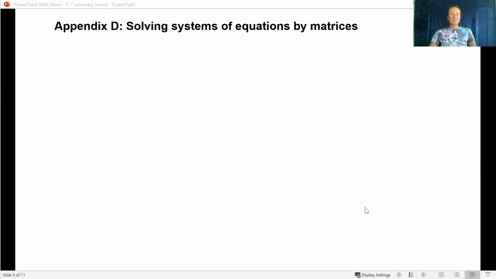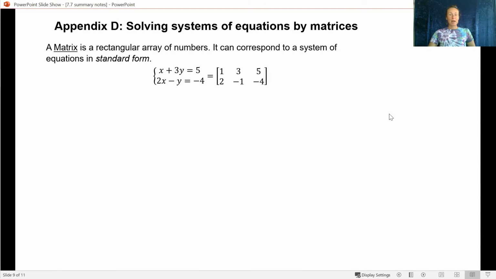So Appendix D, solving systems of equations by matrices. A matrix is a rectangular array of numbers. It can correspond to a system of equations when that system is written in standard form. So for example, x plus 3y equals 5 and 2x minus y equals -4. That's a system of equations. It's written in standard form because you've got x, y, and constant term.